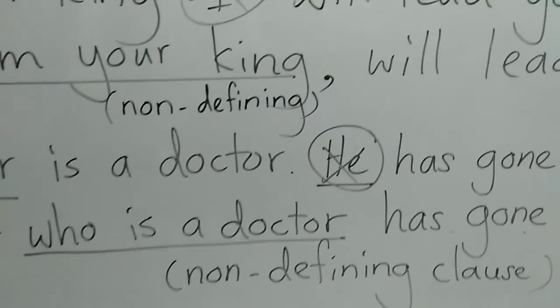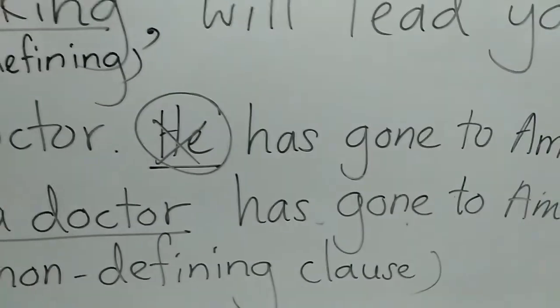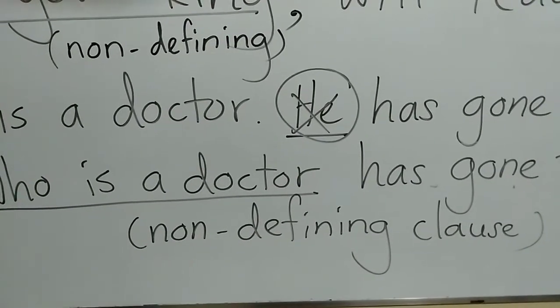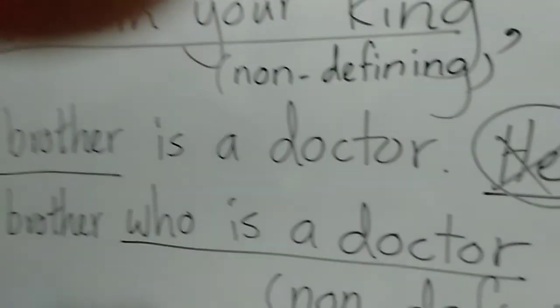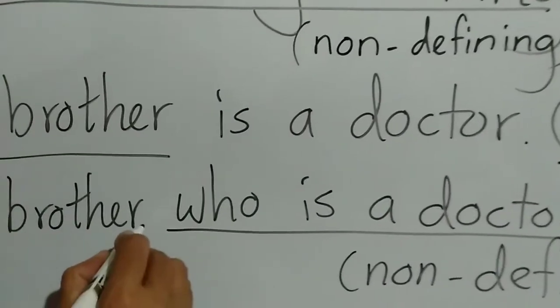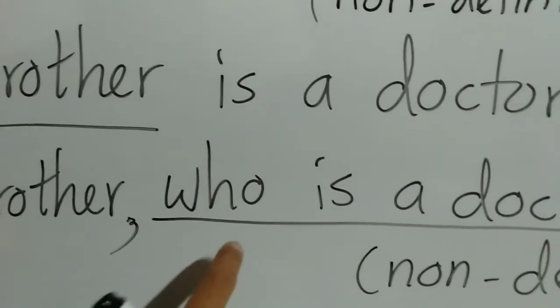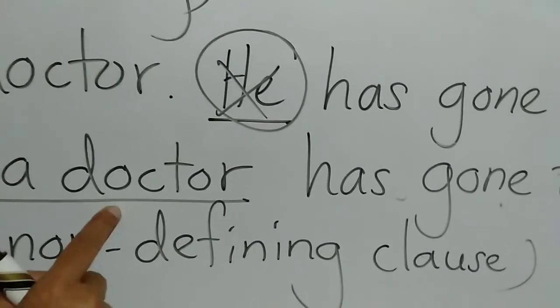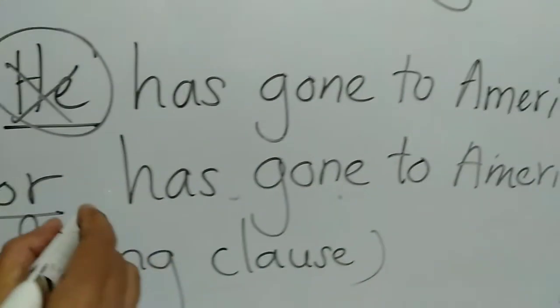In a non-defining clause, you should remember to put a comma in the proper places to separate the subject, my brother, who is a doctor, to separate the relative clause from the main clause, we put a comma.